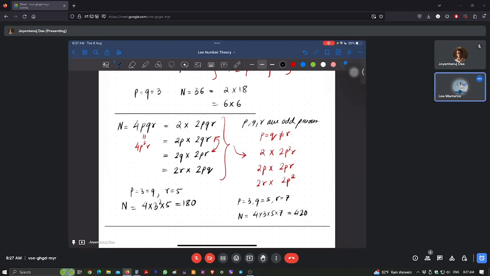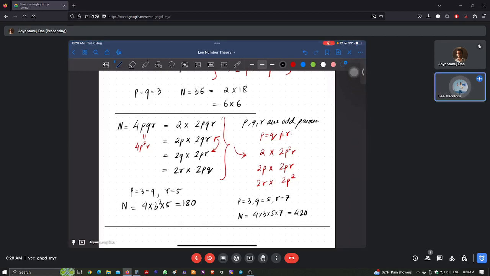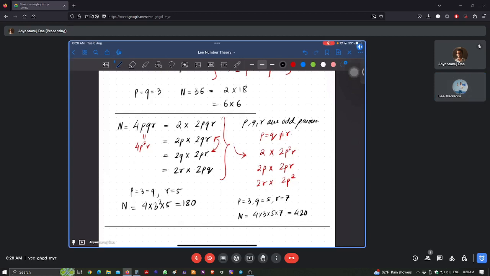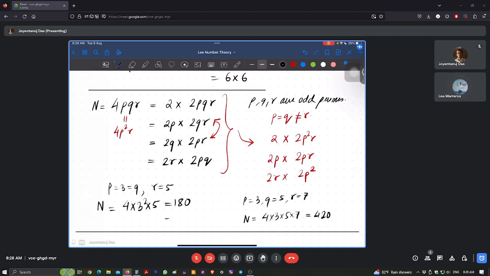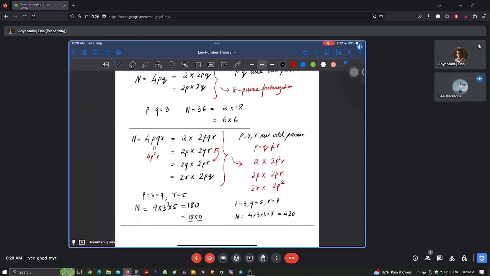But if we divide by 4 and the result is an odd number, as with 180 divided by 4, then we say 180 is not an E prime, because we have an E prime factorization. For example, 180 is 18 times 10, and both are E primes. That's why 180 is not an E prime.